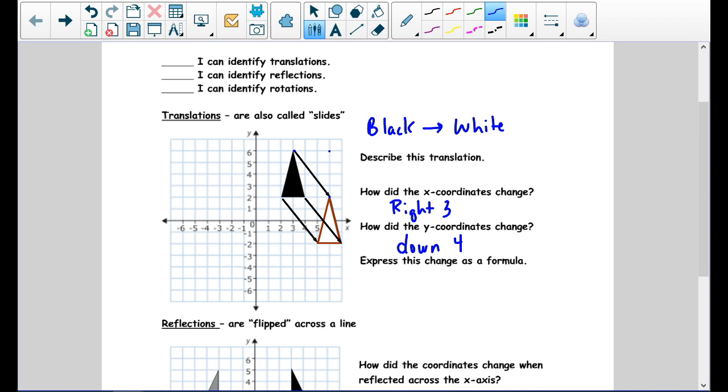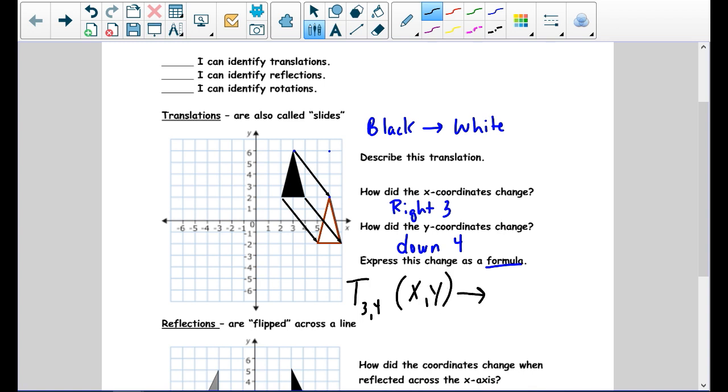Now we can take a look at this mapping, okay? And this formula is what we have. So how does this work? So our original, okay, and this is just a translation, okay, and the 3, 4 is how we're moving. So translation 3, 4. So original shape are XY points.